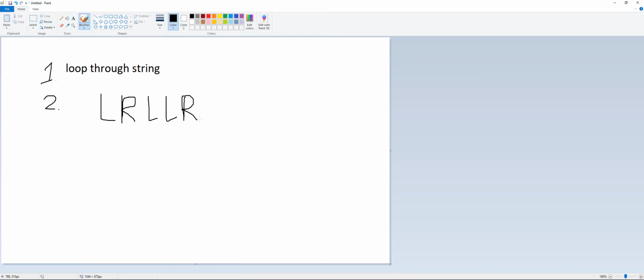LR, for example. We only need the count of valid balanced strings. So we need at least some way of knowing that. When I'm thinking in Python, there's always this way of thinking about the problem in a mathematical way.